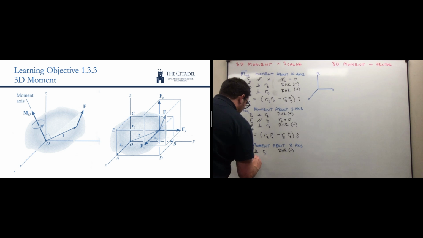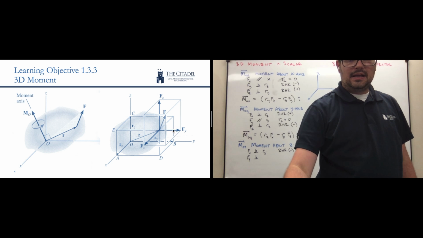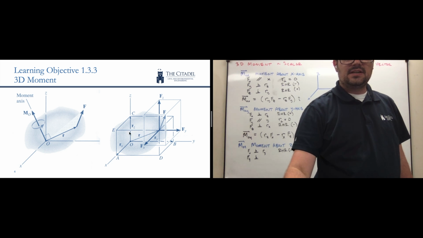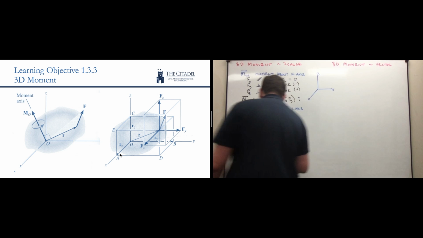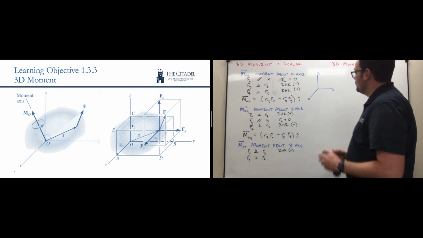Fy is perpendicular by some distance. Let's look at that on our picture. Here's our force Fy. We extend the line of action back. We're looking for the perpendicular distance to the z-axis, which tells us that this distance is Rx. Use my right-hand rule.